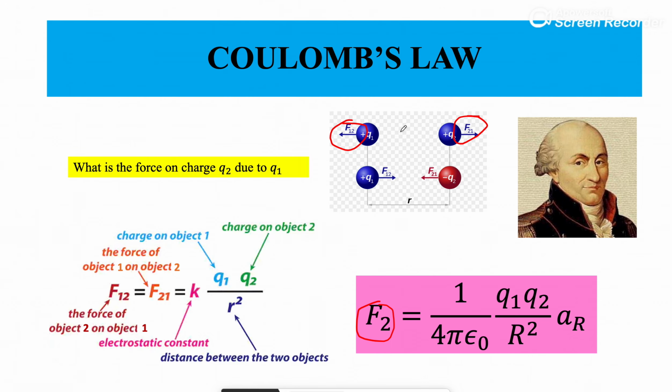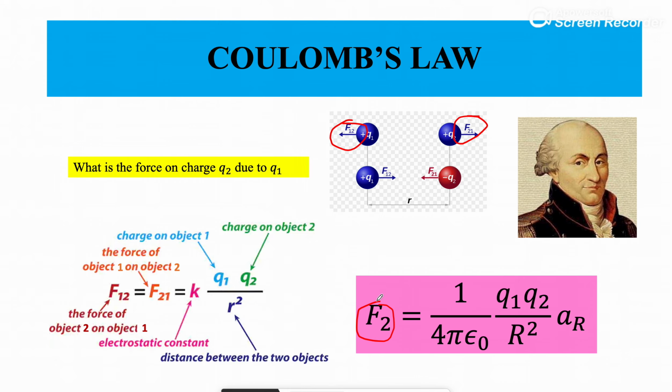Over here you can see that if both the charges are of the same nature, the force is repulsive, whereas if charges are of opposite nature, the force is attractive. So the question is, what is the force that the second charge will experience because of the presence of the first charge?